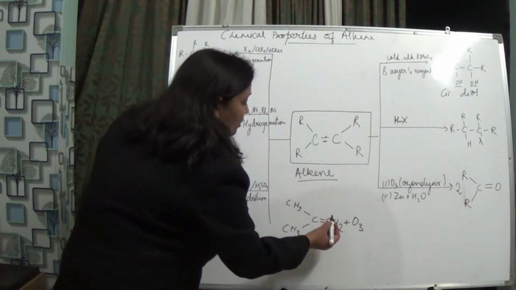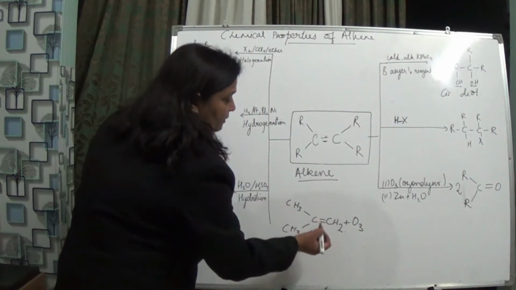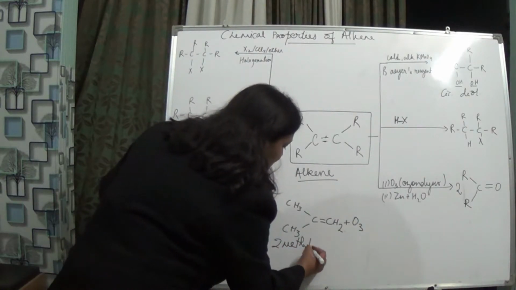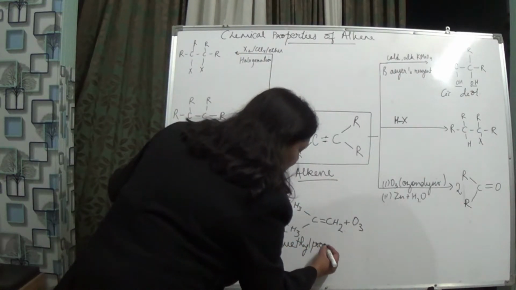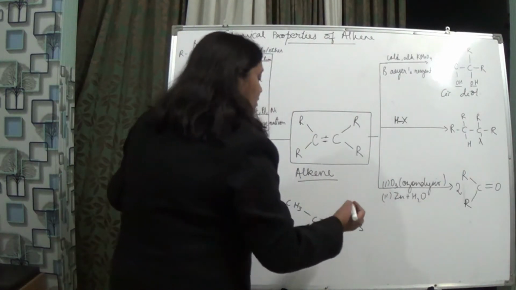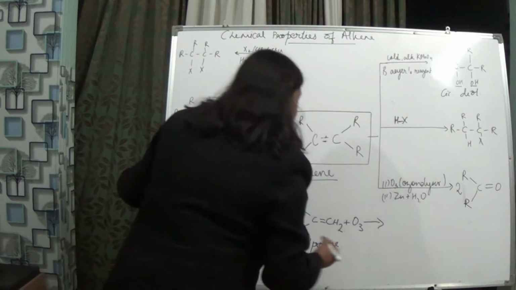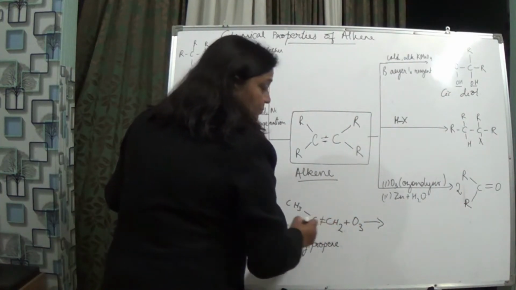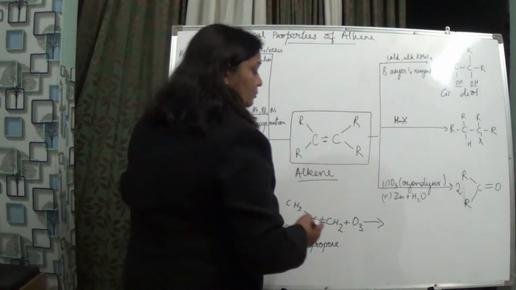This is what? 2-methyl propene, and we added ozone to it. Now what will happen, beta? As soon as we added ozone to it, here there will be a cleavage, breaking of the bond.